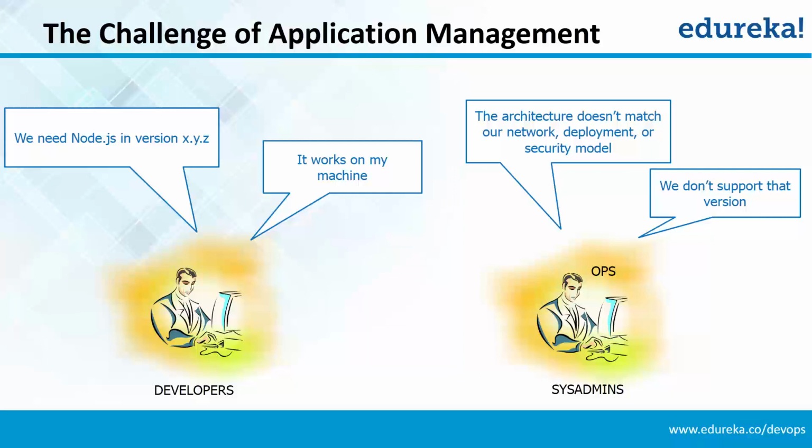Beautiful, fantastic, great. Now, the developer says it works perfectly fine. Other issues the developer can raise: I want so-and-so software at this particular version. Which version? 1.6.1.3, whatever version you want. Now, this information never gets communicated to the people actually deploying the application.